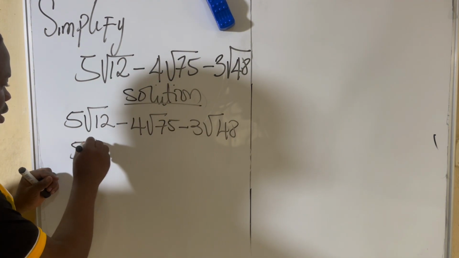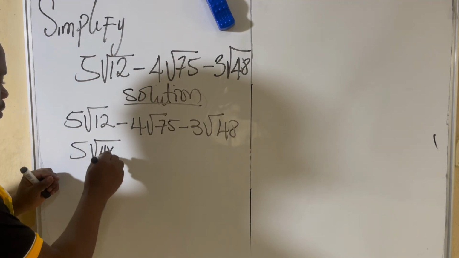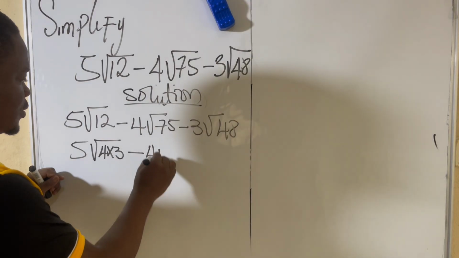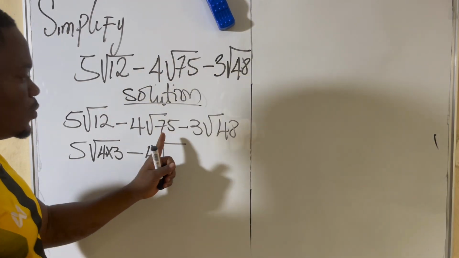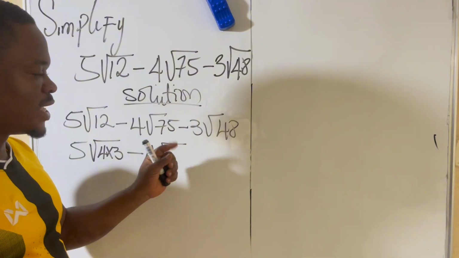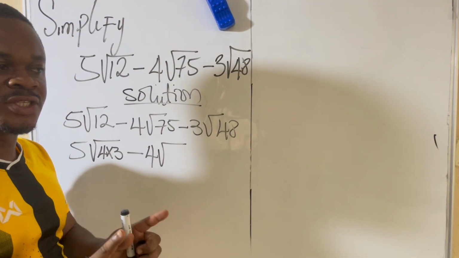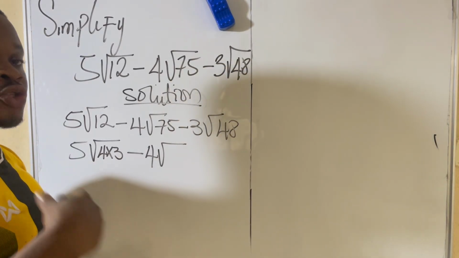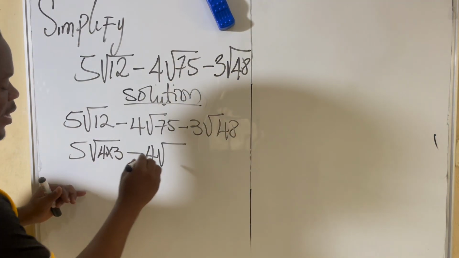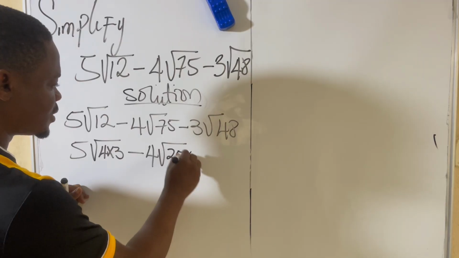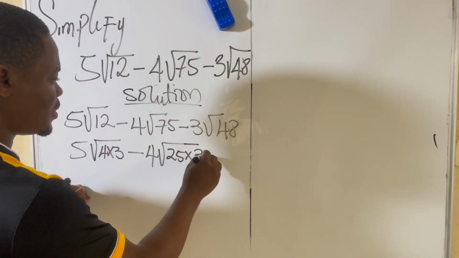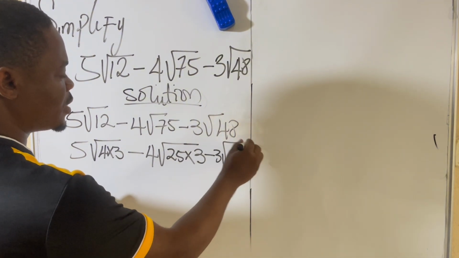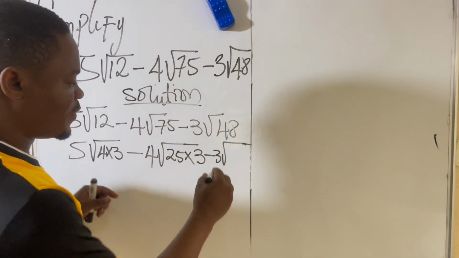So we have square root of 4 times 3 minus 4 root, two numbers that we can multiply to get 75, in which one of them is a perfect square, is 25 times 3. Because 25 is a perfect square, we have 25 times 3 minus 3 root, here we're going to have 16 times 3, which will give us 48.